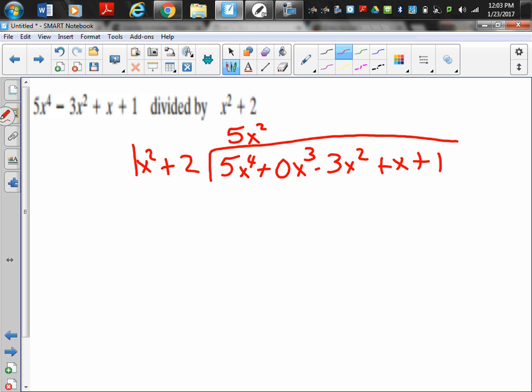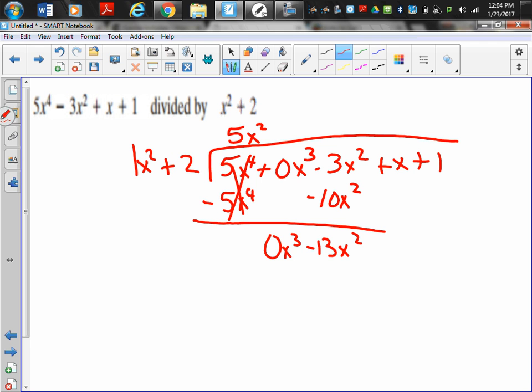So 5 times 1x squared is 5. X squared times x squared is x to the 4. 5 times 2 is 10. X squared times no x is x squared. Alright, so you subtract. So you have to do the opposite. This was positive, so you subtract. So 0x cubed minus 10x squared.